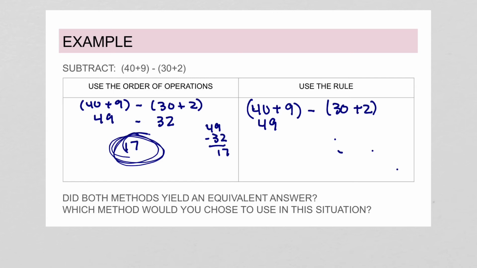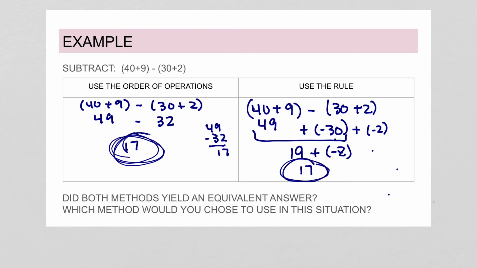So instead of minusing 30 and plus 2, I could add negative 30, and I could add, what's the opposite of positive 2? Negative 2. Okay, so now what is 49 minus 30? Well, that's 19. And then I've got 19 plus a negative 2. What is 19 plus negative 2? Well, that's 17.